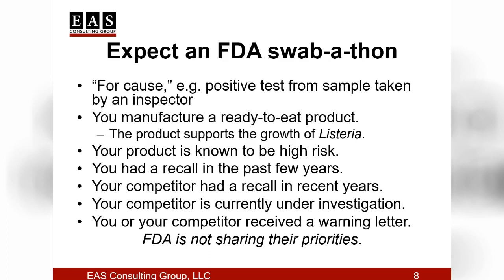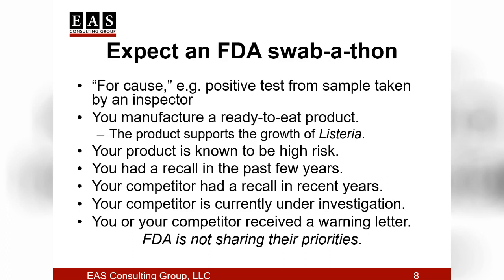And then if you manufacture a ready-to-eat product, you are high on the list. And if your product supports the growth of Listeria, you are even higher on that list of ready-to-eat product facilities. So beyond that, the next bullet, if your product is known to be of high risk because of past recalls, because of warning letters, because of competitors, if you have had a recall in the past years, you can expect to see FDA back again.